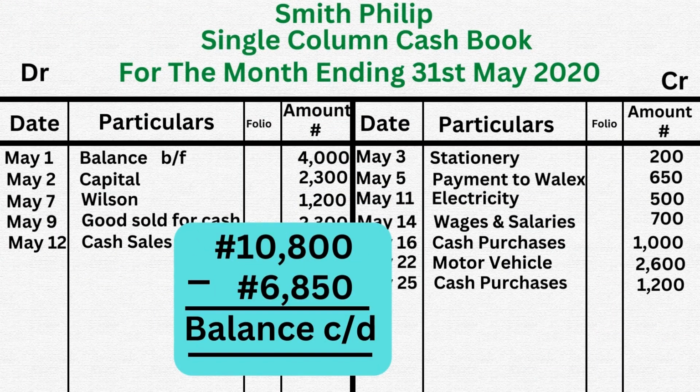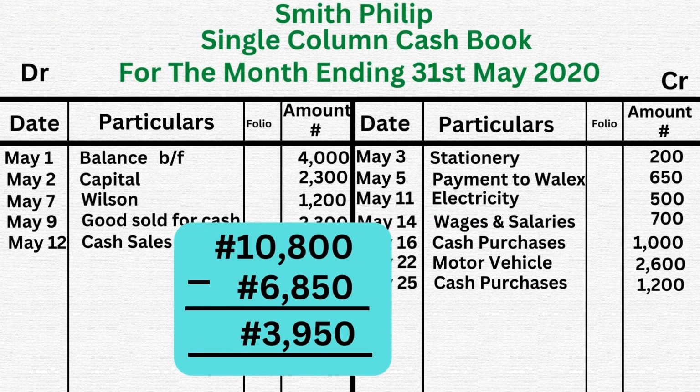Therefore, the value arrived at on the credit side is thereby subtracted from the value obtained from the debit side to give us a balance carried down, which is usually shortened as the balance C/D. 6,850 naira is thereby subtracted from 10,800 naira.